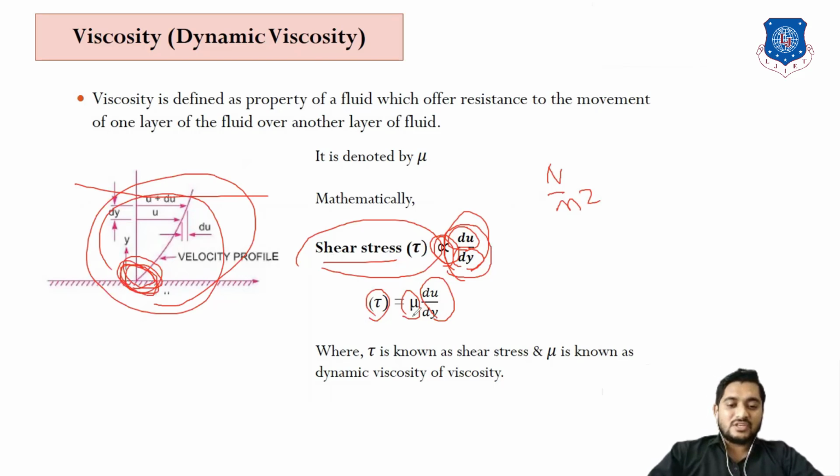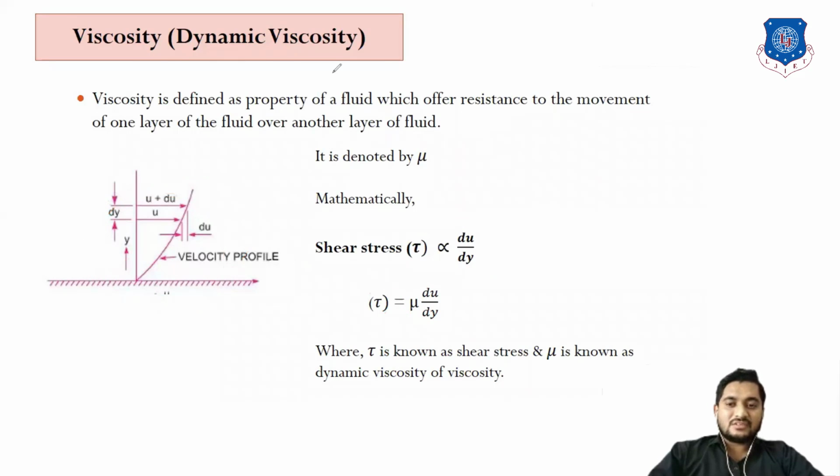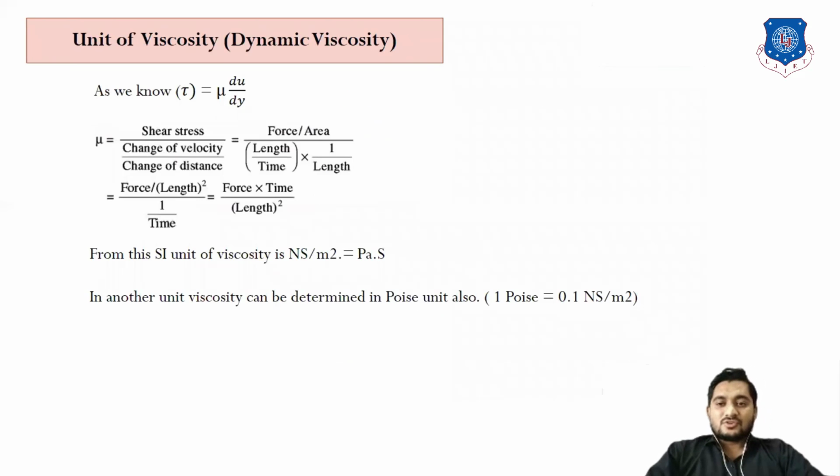So here mu is dynamic viscosity. Let us derive the SI unit of dynamic viscosity. As we know, the equation is tau is equal to mu du by dy. So let us make mu the subject.